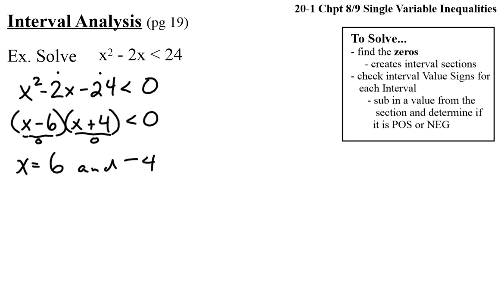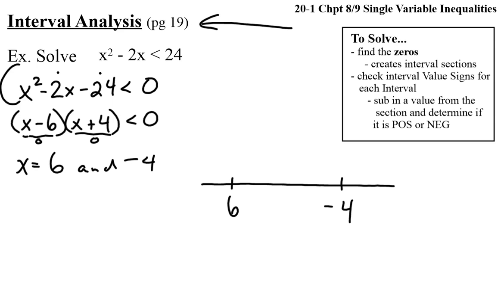So this is also referred to as interval analysis. Having the visual of it is helpful, but I'll show you exactly what interval analysis talks about. There's 6, there's -4. Again, x squared is positive, so we know that it opens up. So it would be a quadratic kind of like this. It doesn't have to be perfect because we're looking for the x values.